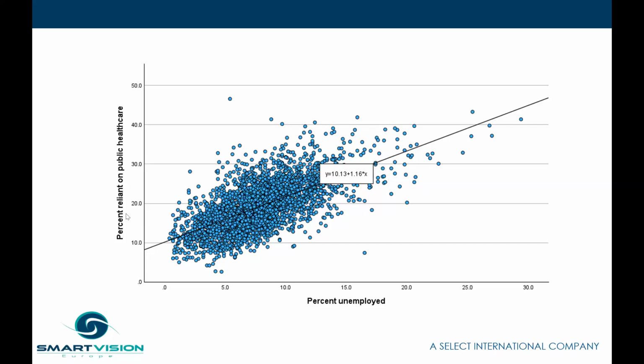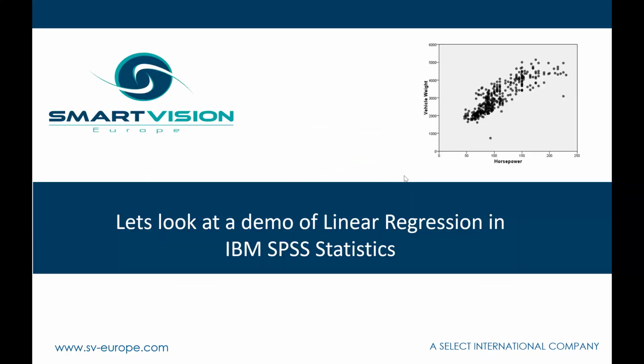So if you wanted to predict percent reliant on healthcare and you had 10% employed, it would be 10.13% plus 10% multiplied by 1.16, which is 11.6%. So it would come to something like 22%. That would be your prediction. We're going to see this formula when we look at linear regression within SPSS Statistics.